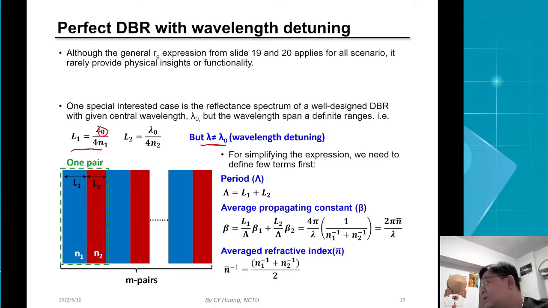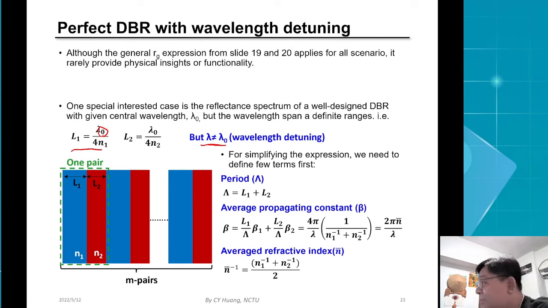So as long as we plot the reflectivity over all available lambdas, we get its reflectivity spectrum.